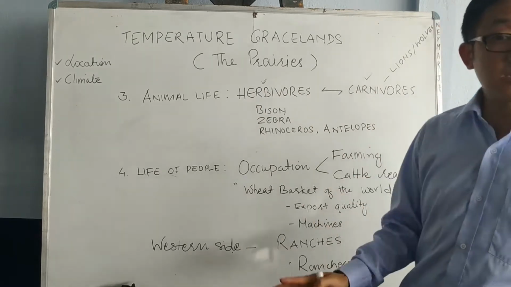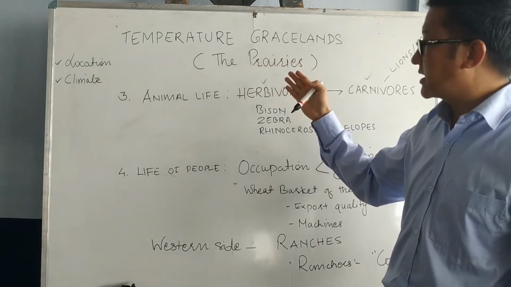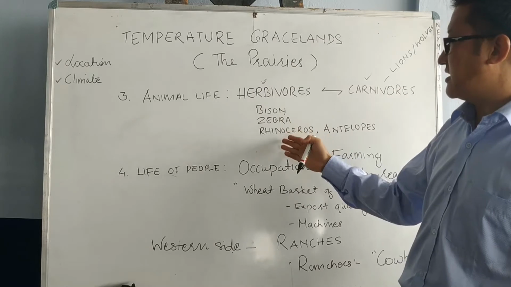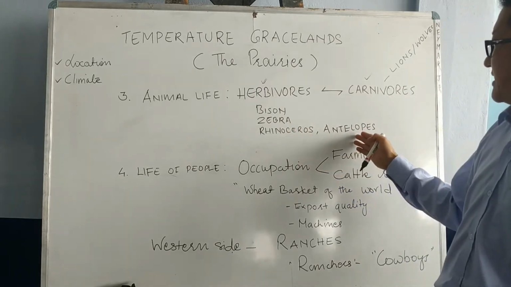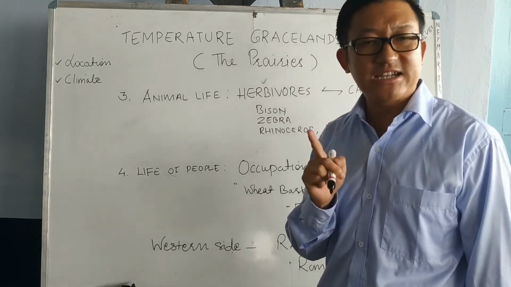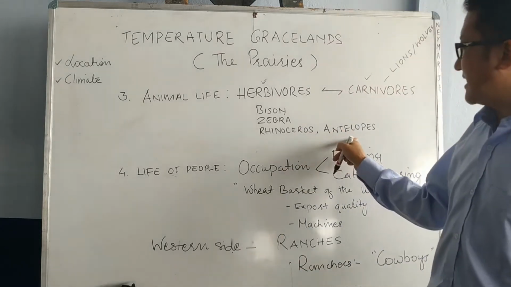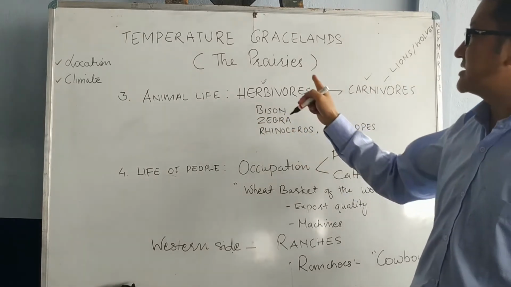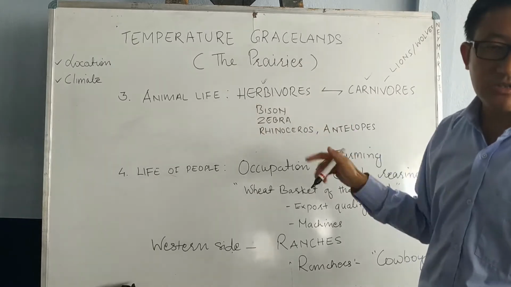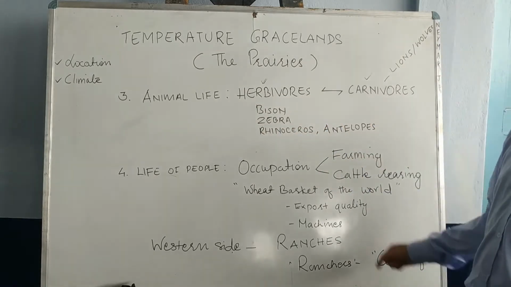The animals that we get in this region, the prairies, the herbivorous animals, are bison, zebra, rhinoceros, and antelopes, white antelopes. Where do we get white antelopes? I will ask in the next lesson. All these animals we get in this region are considered herbivorous animals.